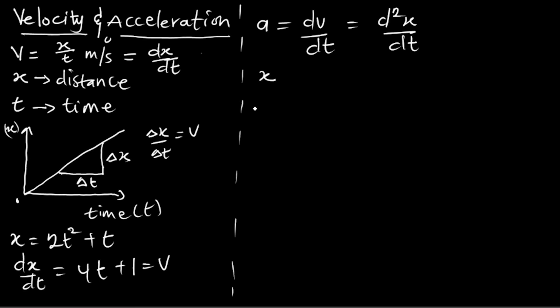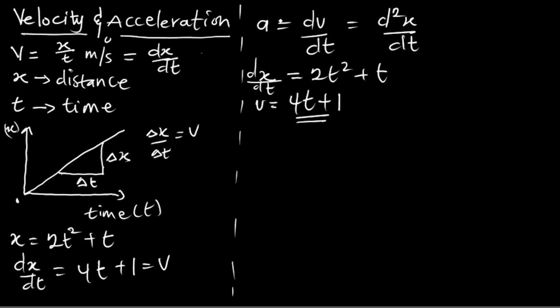So we saw this example. Our v was equal to 4t plus 1 because x was 2t squared plus t. The first derivative, which is dx/dt, gave us this, which is our velocity.